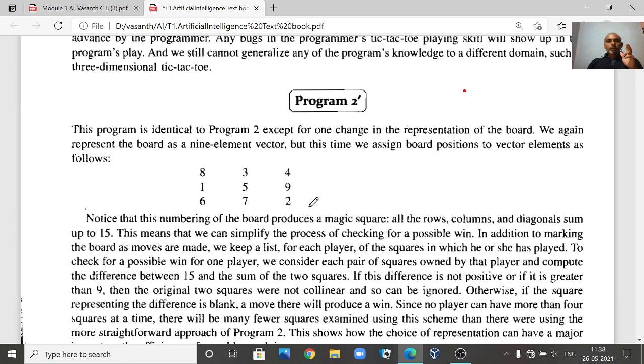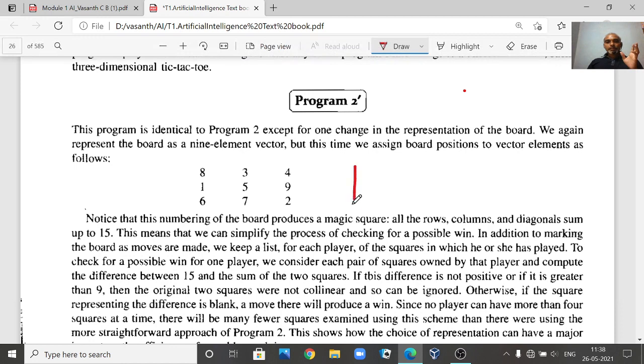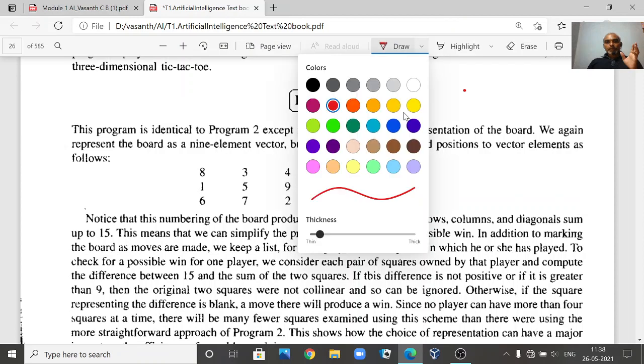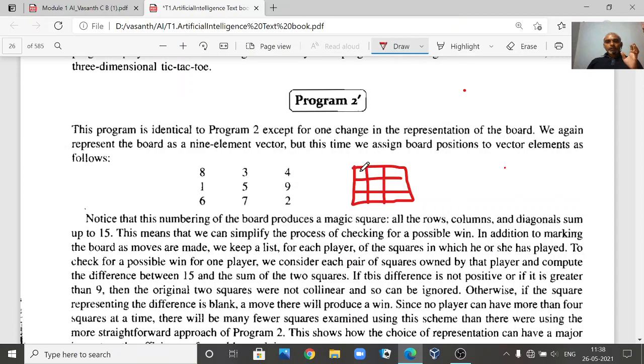Now, how was the representation made? In the previous data structures, if you consider your 3 by 3 tic-tac-toe board, this was position 1, the second position, the third position, and like this we went to the ninth position.